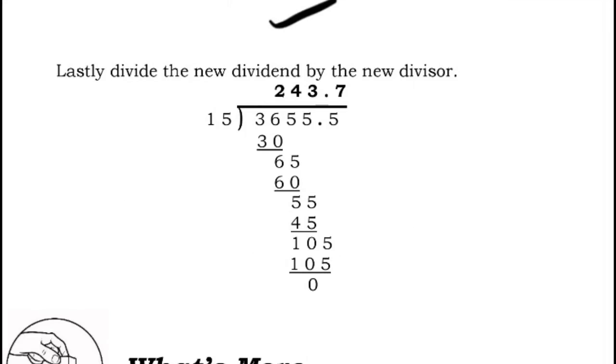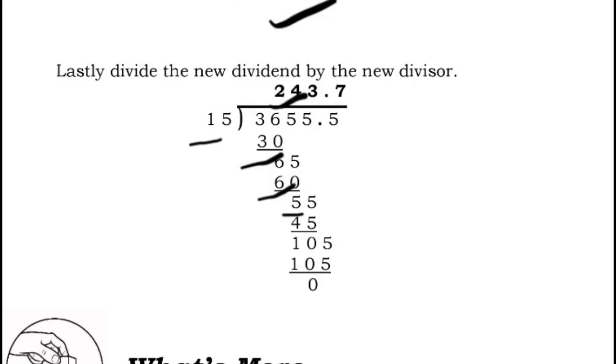Okay. Then lastly, divide the new dividend by the new divisor. So 36 divided by 15 is 2. 2 times 15 is 30. 36 minus 30 is 6. Then bring down 5. Then 65 divided by 15 is 4. 4 times 15 is 60. Then 65 minus 60 is 5. Then bring down 5. 55 divided by 15 is 3. 3 times 15 is 45.